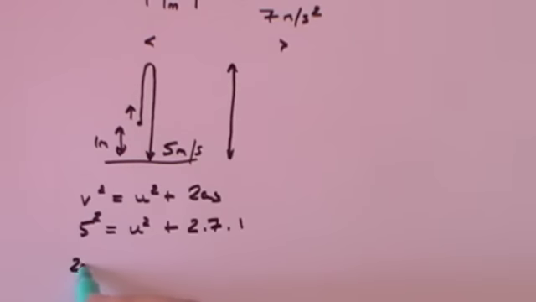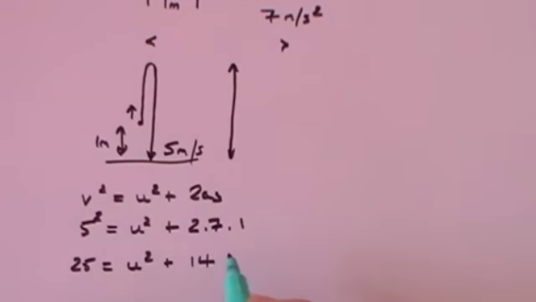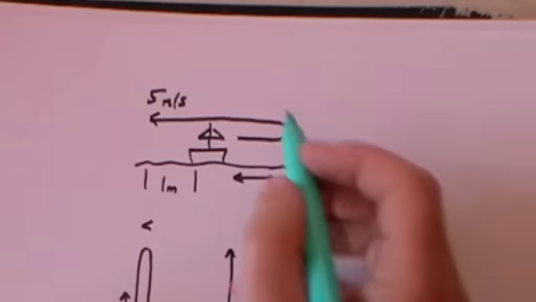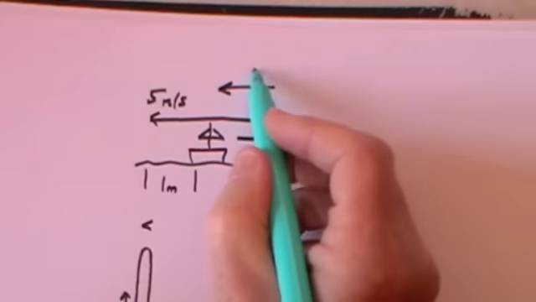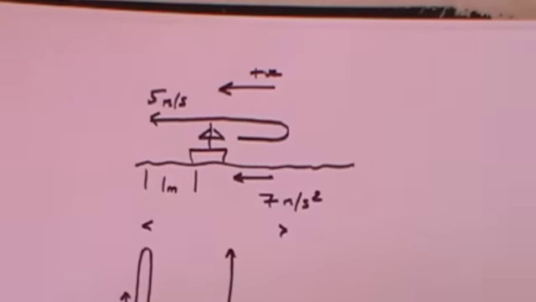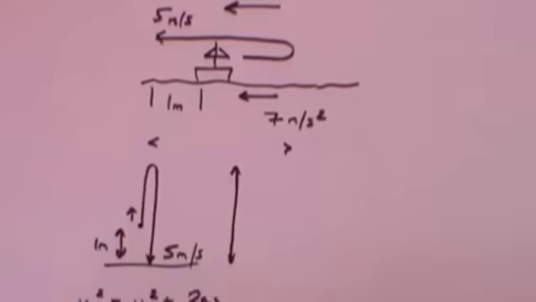And so we have 25 is equal to u squared plus 2 times 7 is 14. Incidentally, what should be obvious is that I'm treating the downstream, or that direction, as the positive direction.